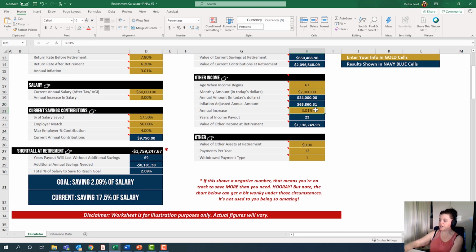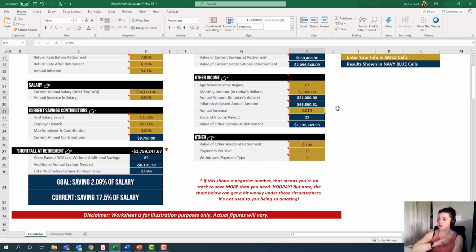Then it'll ask you what your annual increase is. I don't know this specifically because it changes quite a bit. The Social Security Administration doesn't say they're always going to increase that amount by the rate of inflation, although that seems to be what they tend to do, but it's not guaranteed at all.